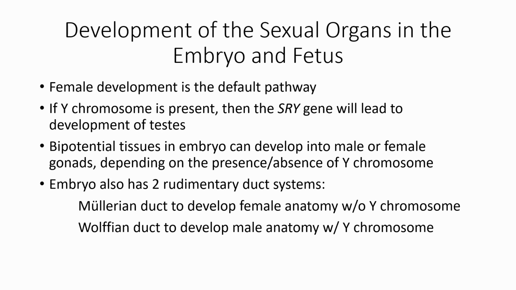The only way we develop male reproductive systems is if we have the Y chromosome, and really not even just the Y chromosome, but in particular the SRY gene, or the sex determining region of the Y chromosome. This particular gene is the driver. If someone has the SRY gene and it is functional, they will become male.